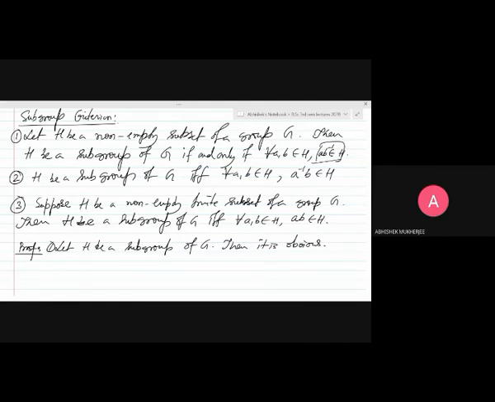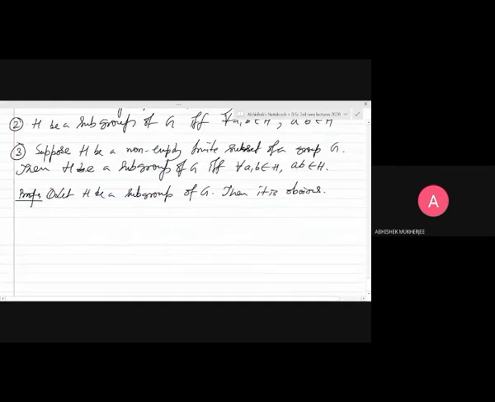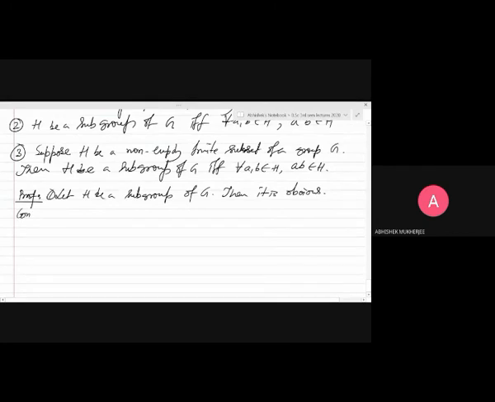So if you take any element from H, the inverse exists in G. But for a subgroup, that inverse must be included in that subset H. So for b, b inverse belongs to H, and since a belongs to H, if you compose a and b inverse, this composition results in an element in H. So a b inverse belongs to H.